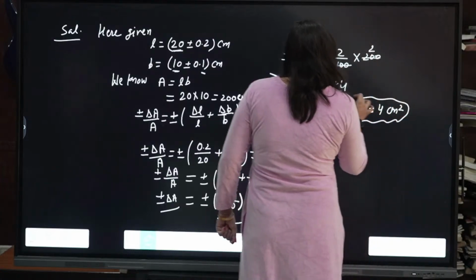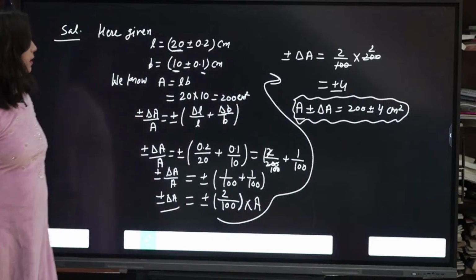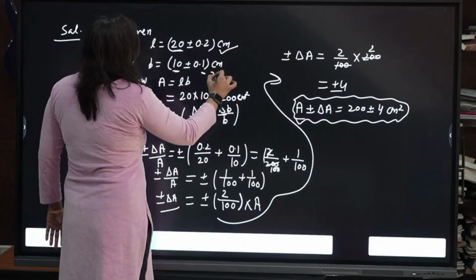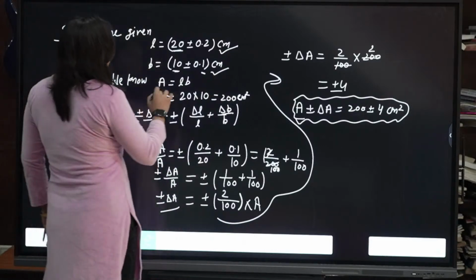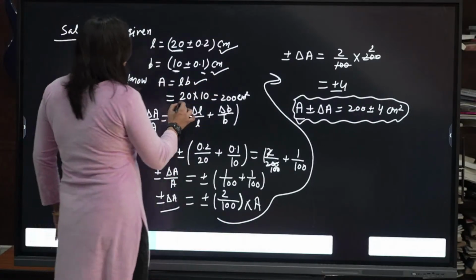By using error analysis, you calculated it. It's so simple. Again, I repeat, length given here, breadth given here. Simple formula we know, area is length into breadth, and we multiply this.